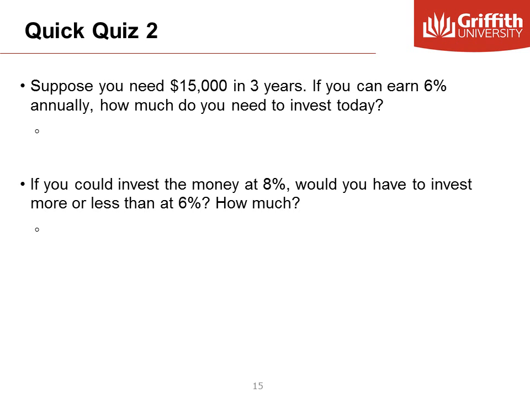The second problem, if you could invest the money at 8%, would you have to invest more or less than at 6%? How much? The first part of the question you can answer without calculation. Remember the inverse relationship, the higher the rate, the lower the present value. So in this case you need to invest less.